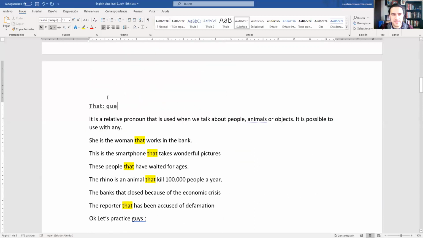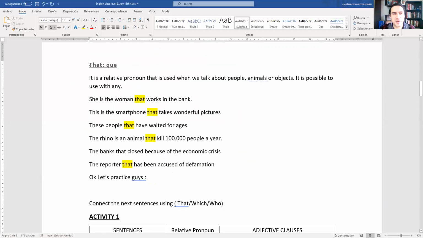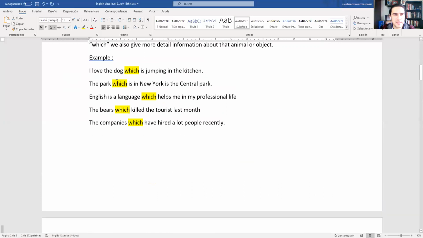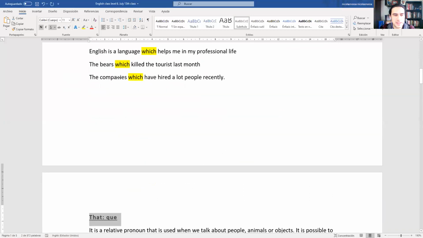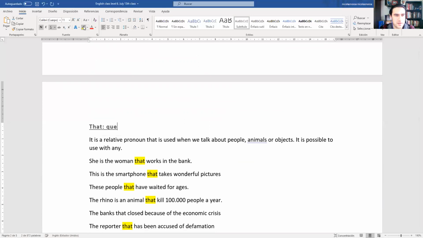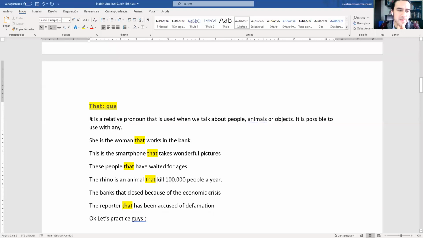And finally, we have the relative pronoun that, okay? Entonces seguimos that. Okay, the relative pronoun that. In Spanish, que. ¿Listo? Let's check. It is a relative pronoun that is used when we talk about people, animals, or objects, okay?